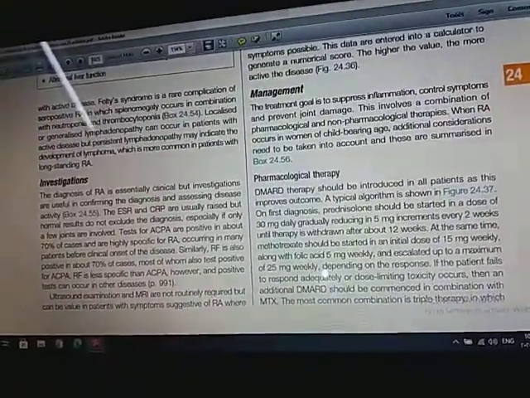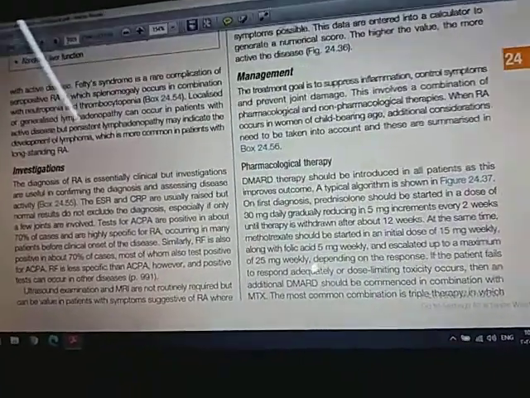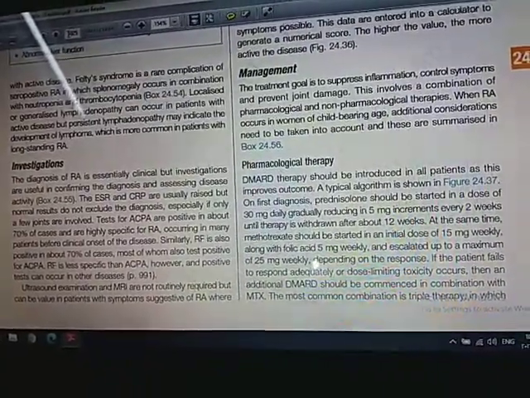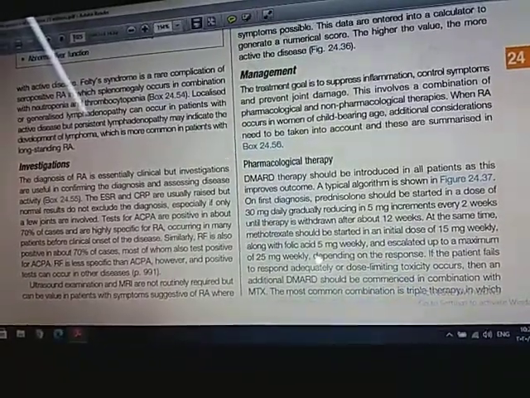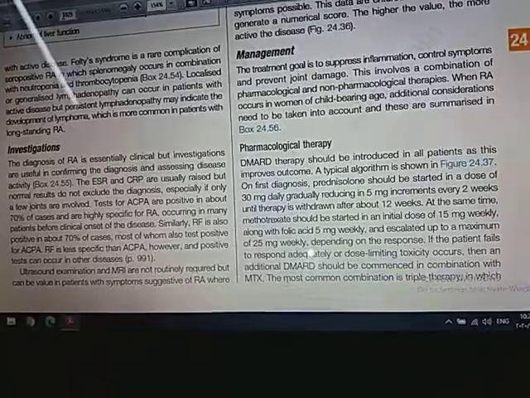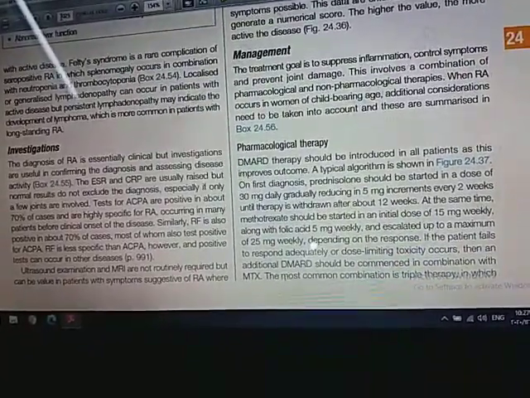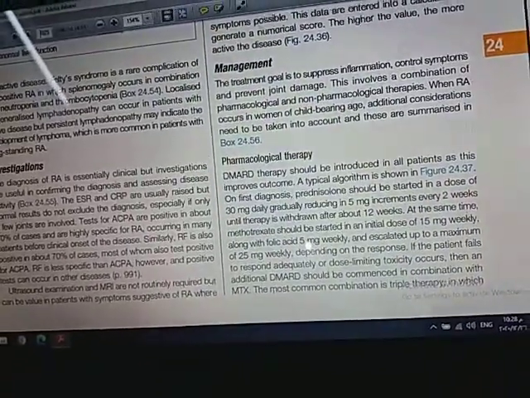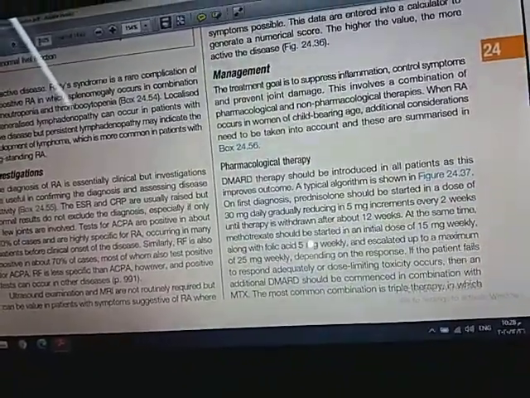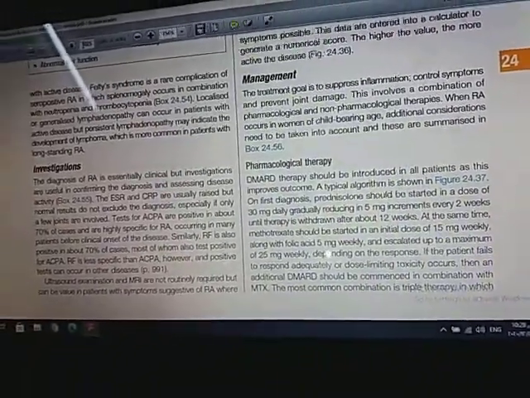COX-2 selective non-steroidals are much less likely to cause GI bleeding. Co-prescription of proton pump inhibitors reduces the risk of non-steroidal induced bleeding and ulceration. So it is better to give proton pump inhibitors with all non-steroidals, including COX-2 selective non-steroidals.